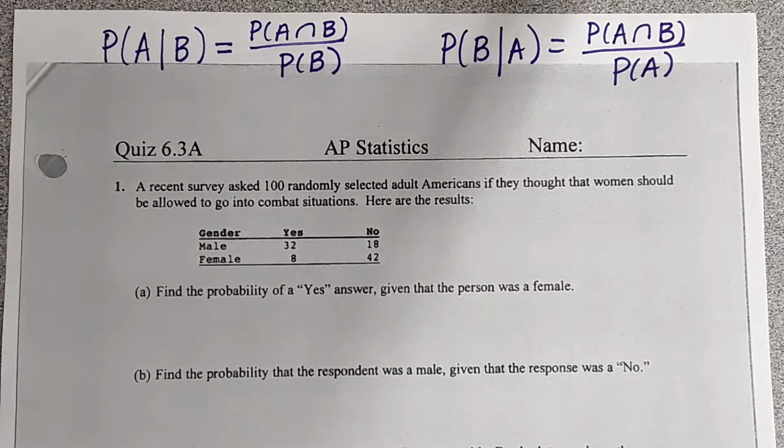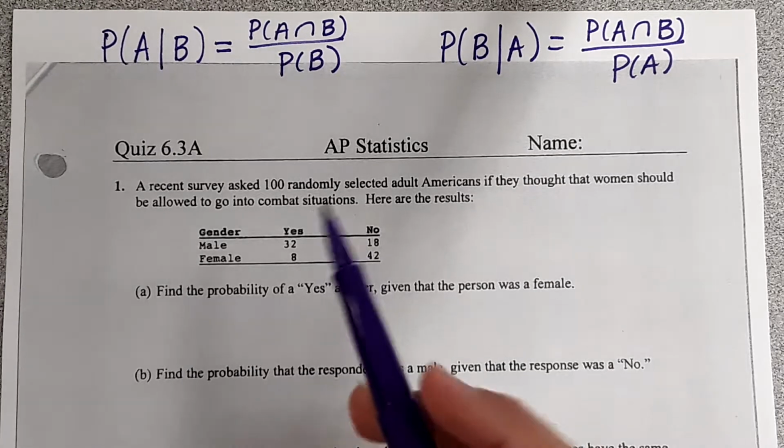So I'm giving you this rule, but it really doesn't mean anything until we can apply it, okay? So we had done a little bit with two-way tables before break, so we're going to do this one now. A recent survey asked 100 randomly selected adult Americans if they thought that women should be allowed to go into combat situations.